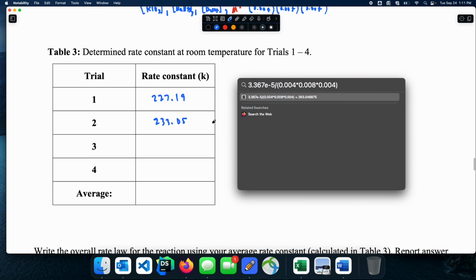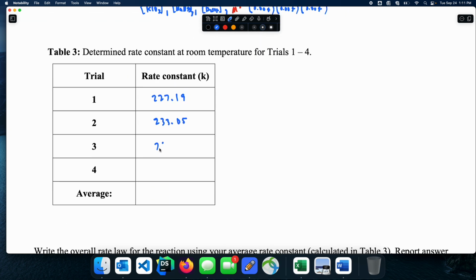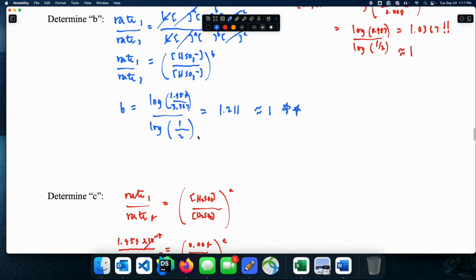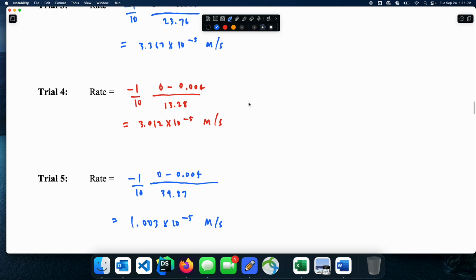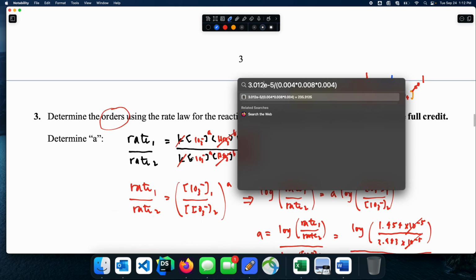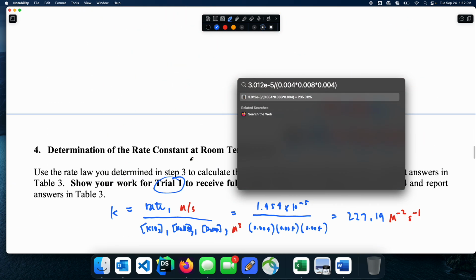Look how these numbers are all about the same thing. Okay. And we'll do the last one, 4. And that is 3.012 times 10 to the minus 5, and then I'm not going to switch it. There's just one of them that's 0.08 at the bottom. And it gets to 235.31. Ooh, love it.